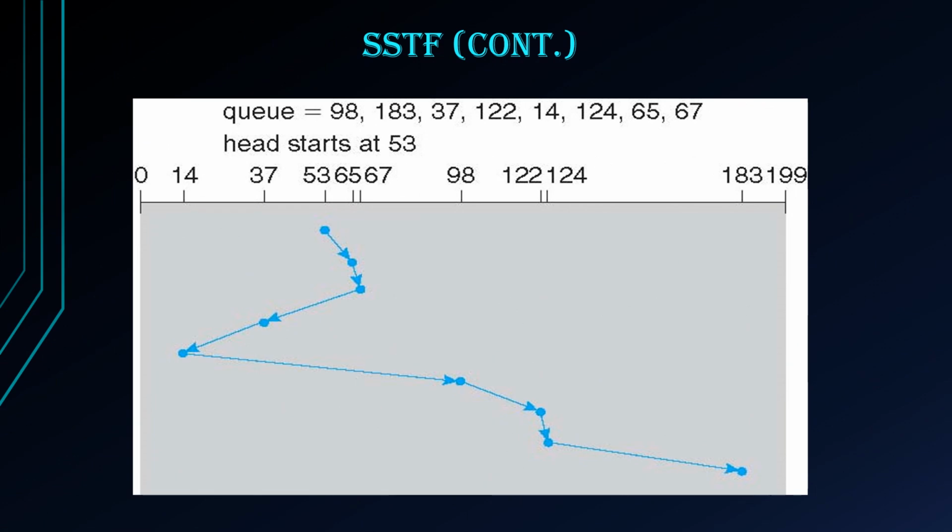Here the queue is 98, 183, 37, 122, 14, 124, 65 and 67, and the head starts at 53. By choosing the SSTF algorithm, it starts at 53 and then moves to the nearest one, that is 65, and then it goes to 67. Like that, it reaches 199.